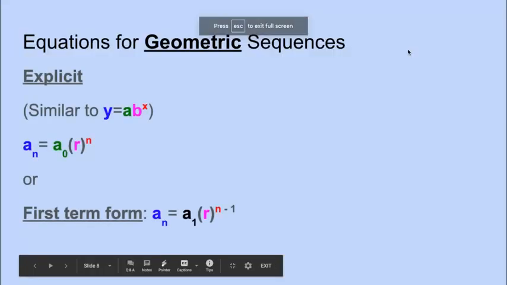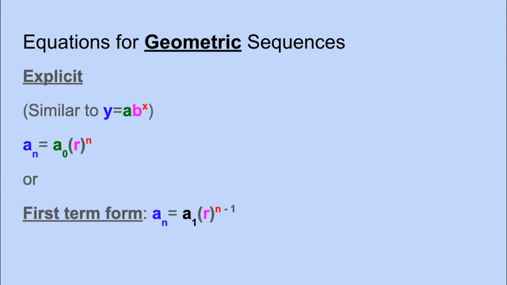Okay, so we have our explicit equation for geometric sequences. They are similar to y equals a b to the x. To write the equation, we just say a_n instead of y, we say a_0 instead of a, r instead of b, and n instead of x. Don't you love sequences?